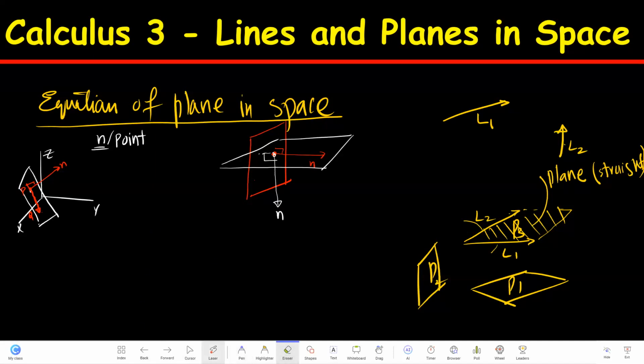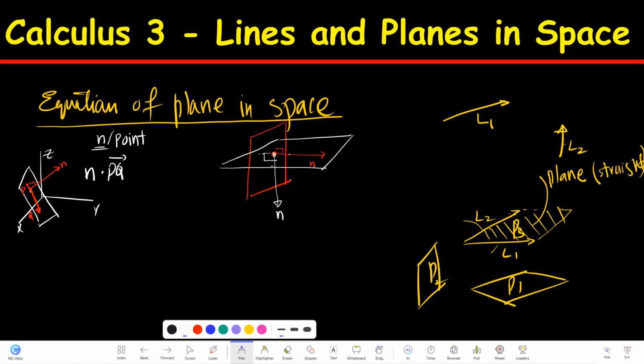Okay, so what are you going to do? You're going to just make it short, so I'm going to write a dot product. If two vectors are perpendicular, PQ, this one, I say PQ is perpendicular to n, but n is a vector, PQ is also a vector.